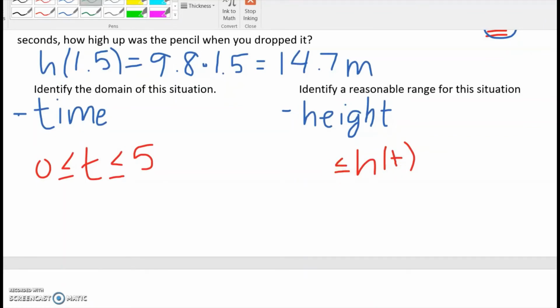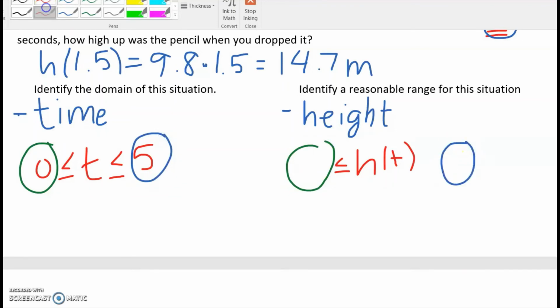Right, so we're matching the minimum, the minimum is going to go with the minimum, and the maximum is going to go with the maximum. So in this situation, the minimum was 0, so if it took no time, it was already on the ground. There's no height.